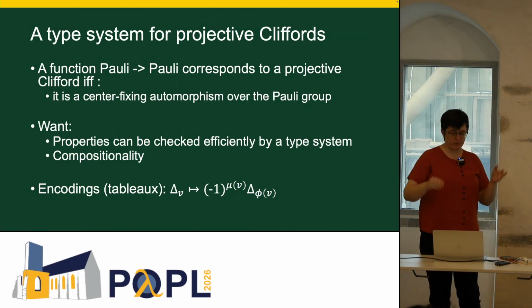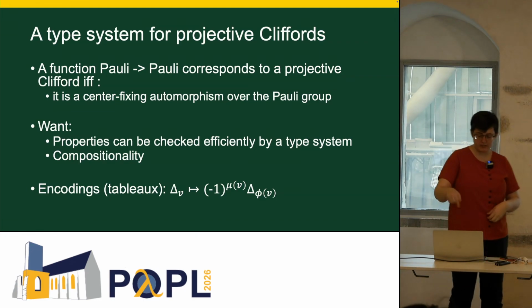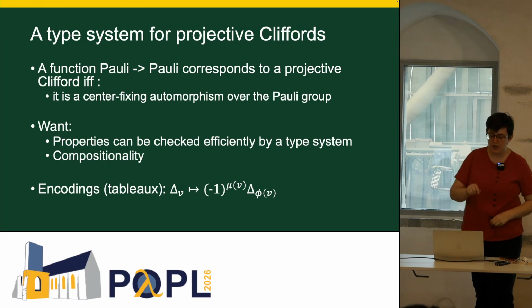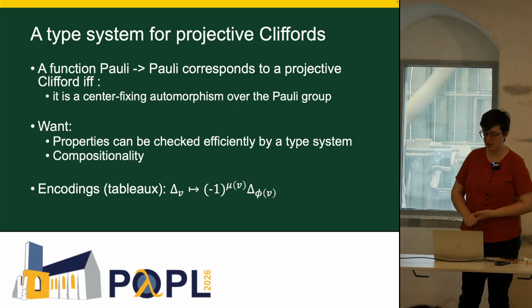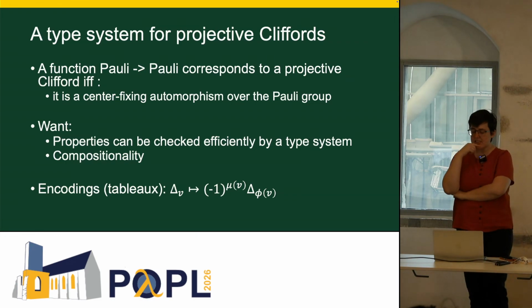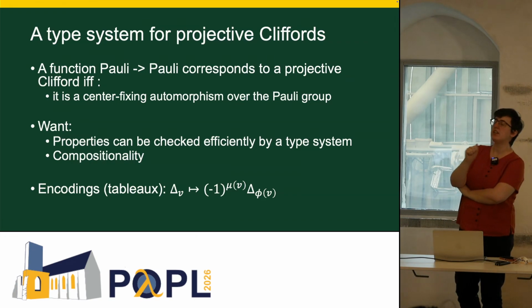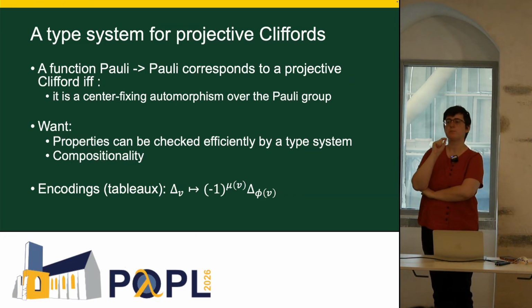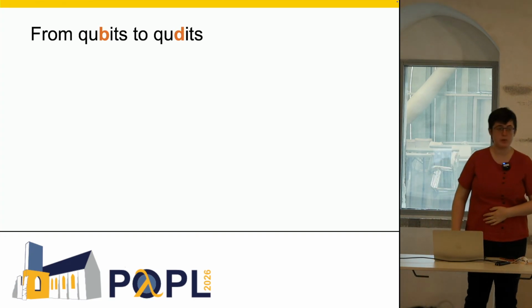Okay, so the properties of the function from Paulis to Paulis can be expressed in terms of the properties of mu and phi. Okay, well, what are the properties of mu and phi? Well, it turns out that can be a little bit complex. It sounds unintuitive, but to make it easier to explain those properties, I want to take a jump from qubits to qudits.